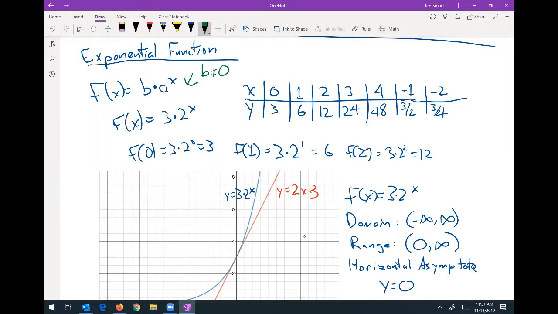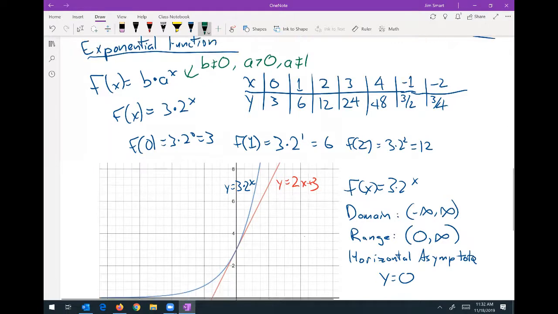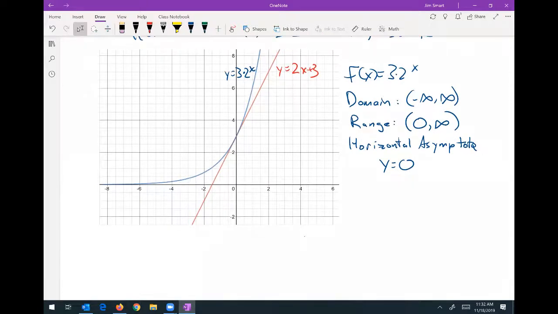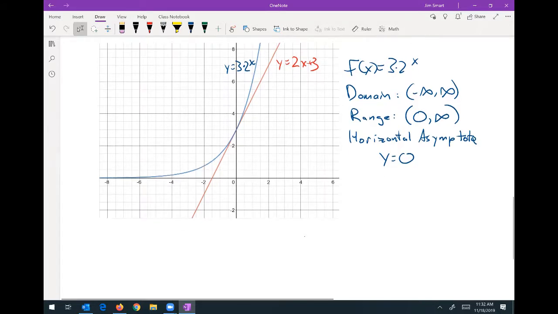If it was 0, the answer would always be 0. And a is any positive number except 1, because 1 to any power would just be 1. So that would just be a horizontal line. So we have positive numbers there. All right, so that's what 3 times 2 to the x would be. What if we had a fraction as our exponent?